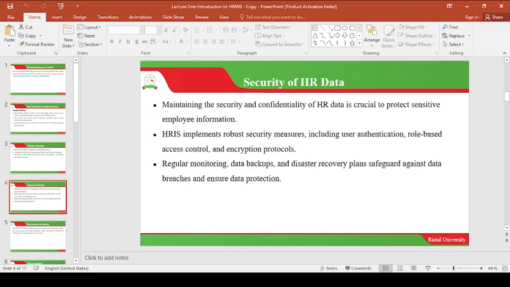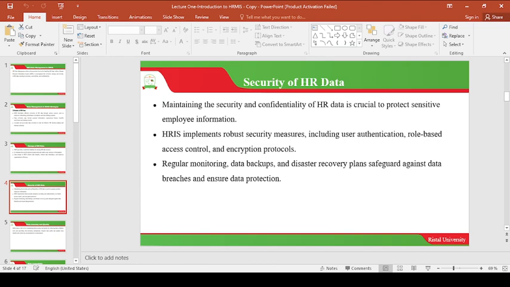The next one is that the system implements robust security measures, including user authentication, role-based access control, and encryption protocols. It means you cannot easily get the data you want. There are security measures or protocols to follow in terms of access. You need to have a password to access the data, and even your password is also controlled.